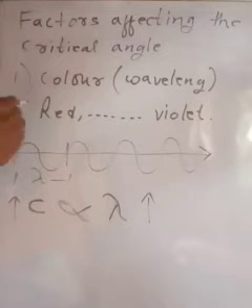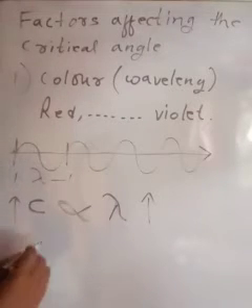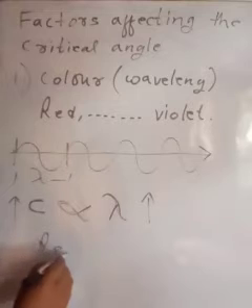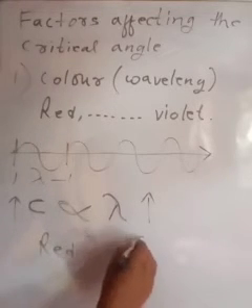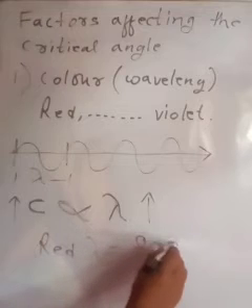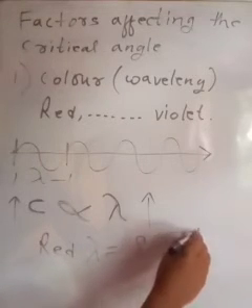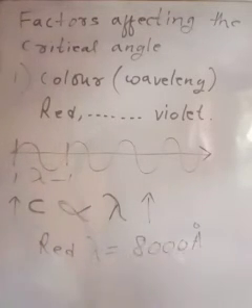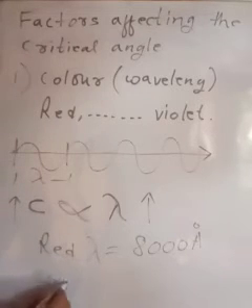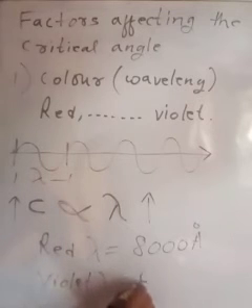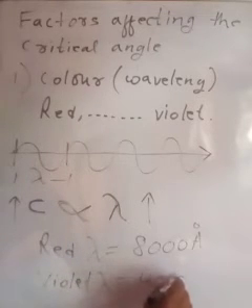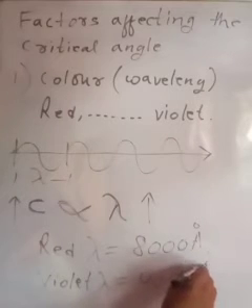We know that the wavelength of red color is about 8,000 angstrom. Angstrom is a unit of length. And similarly violet, its wavelength is around 4,000 angstrom.